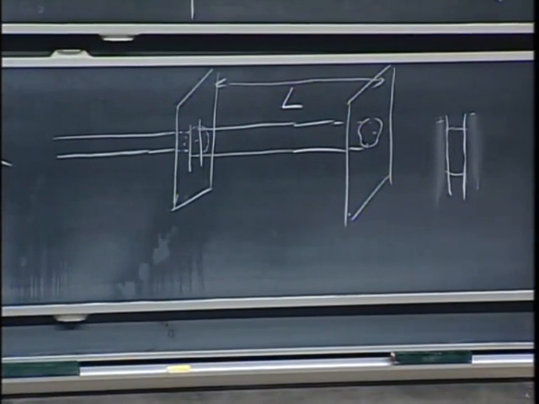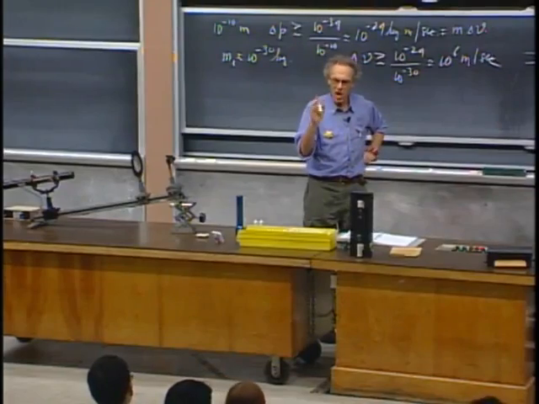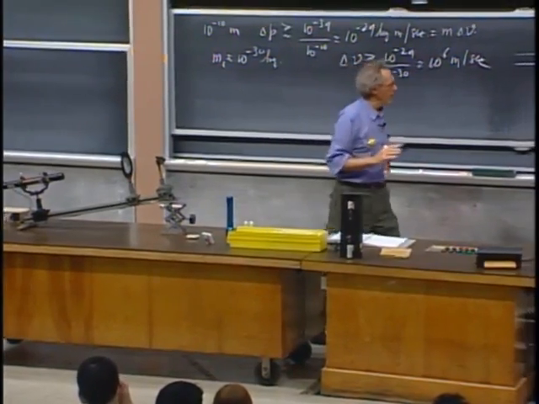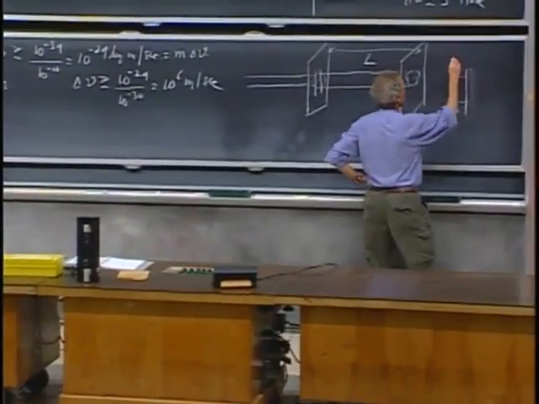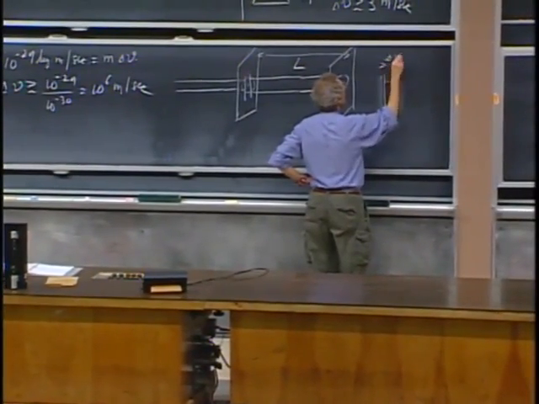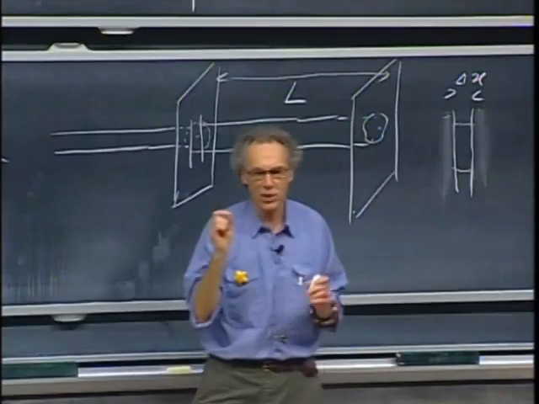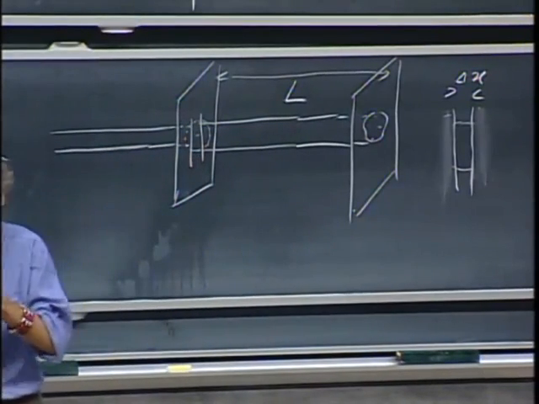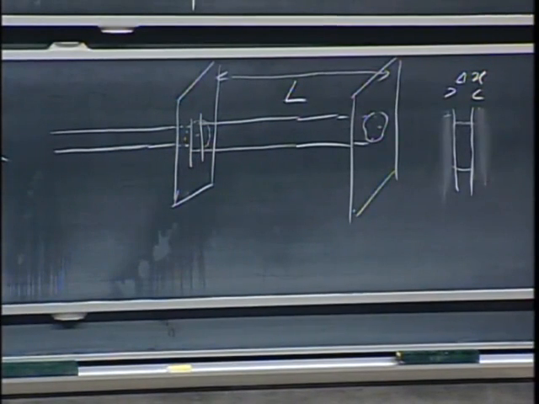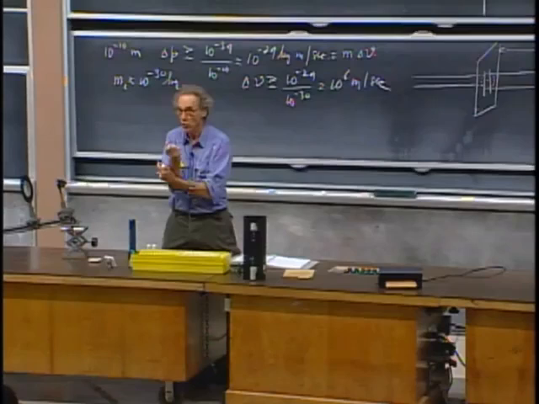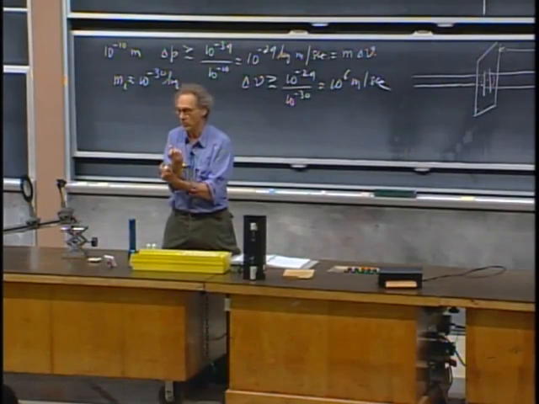But then there comes a point that Heisenberg says, careful now, because your delta x, your knowledge, the accuracy in this direction where the light goes through is now so high that now I'm going to introduce an uncertainty in the momentum of that light.